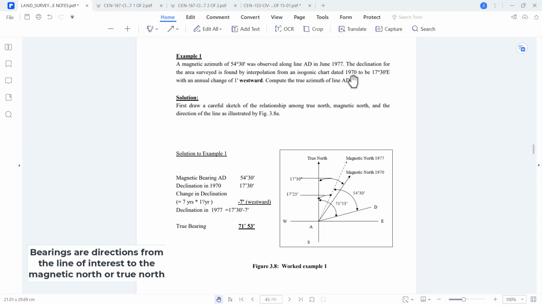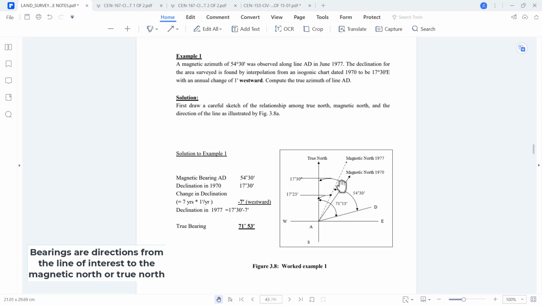And we are not using this magnetic north here because when the interpolation was started, or was being used, it was started in 1970. So it was earlier, before 1977. So you have to indicate that arrow to show that that magnetic north was earlier than the main magnetic north that was issued.